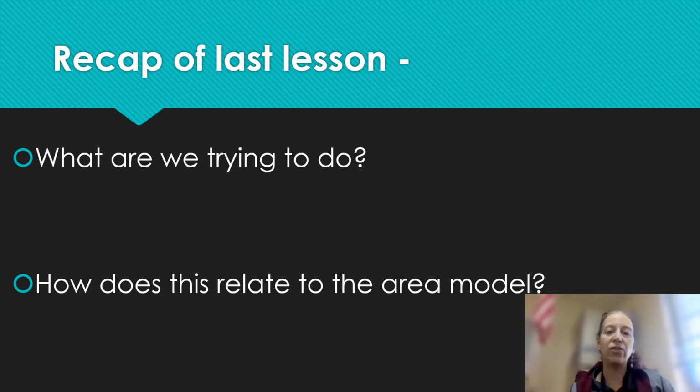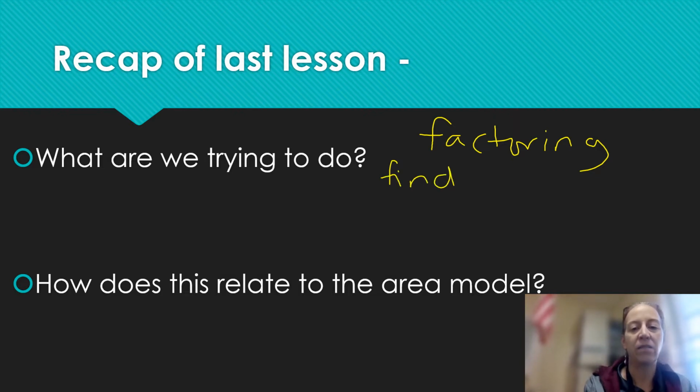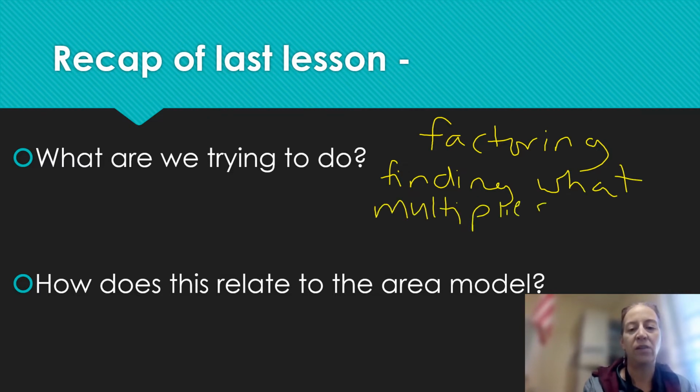We are trying to do this thing called factoring, okay? And what that means is finding what multiplies to give us an expression.